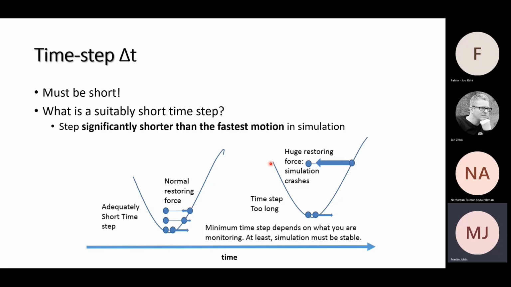So as I said, the time step needs to be reasonably short, and it really depends on the system you use. If it's all atomic, it needs to be way shorter than if it's coarse-grained, meaning that you don't simulate atom as a particle, but you simulate several atoms behaving as one particle.